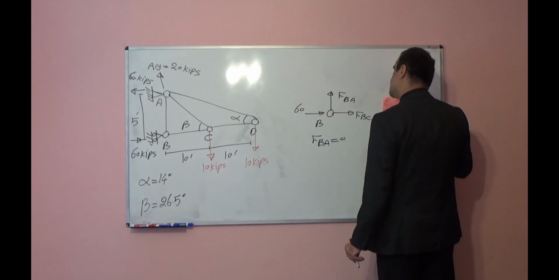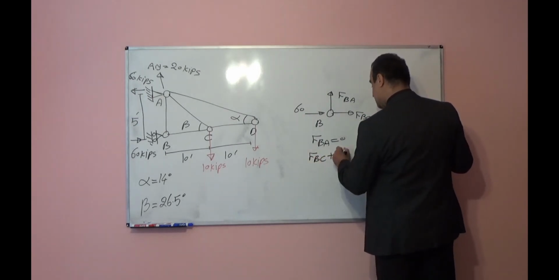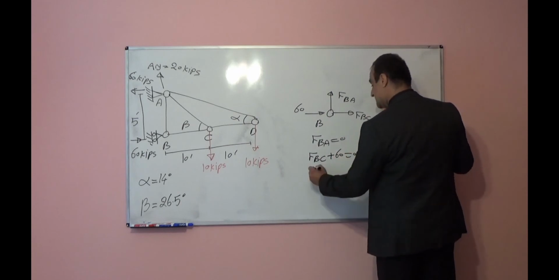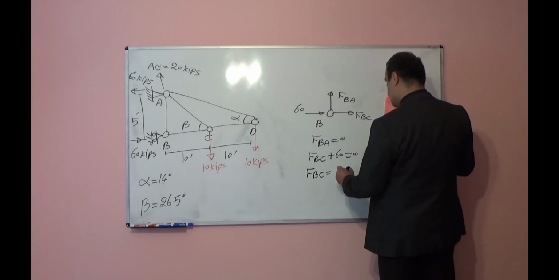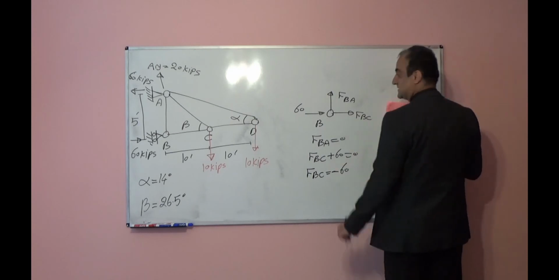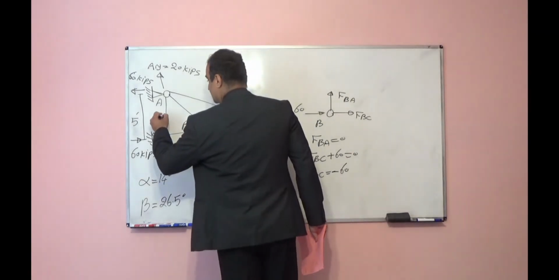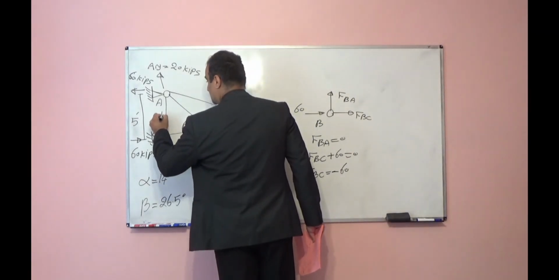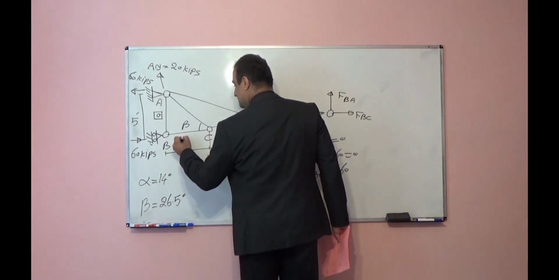Summation of forces in horizontal direction equal to 0. So FBC plus 60 is equal to 0. From there, FBC will be equal to negative 60. So BA is 0, BC will be negative 60.